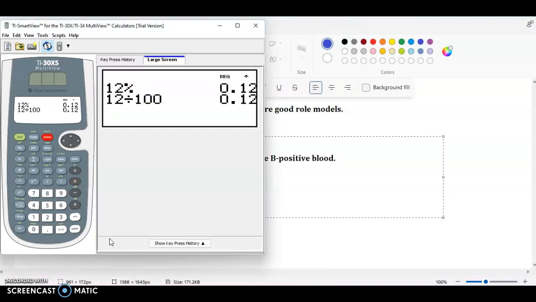Okay, so 0.12 times 0.12 times 0.12. Okay, and that's 0.001728.